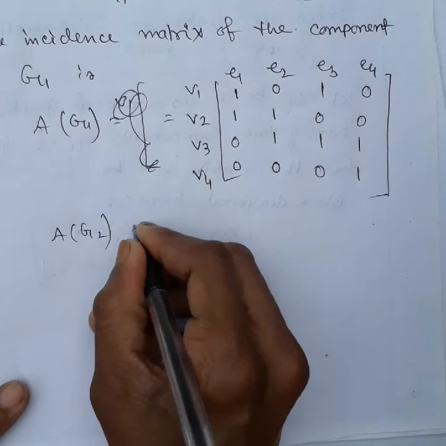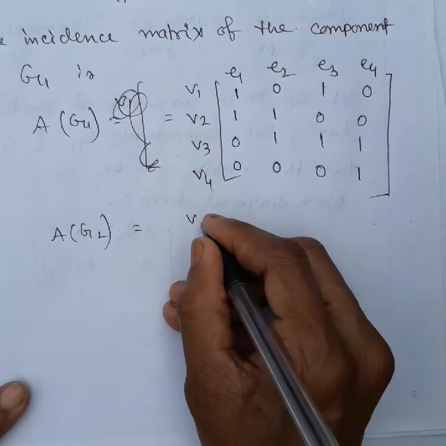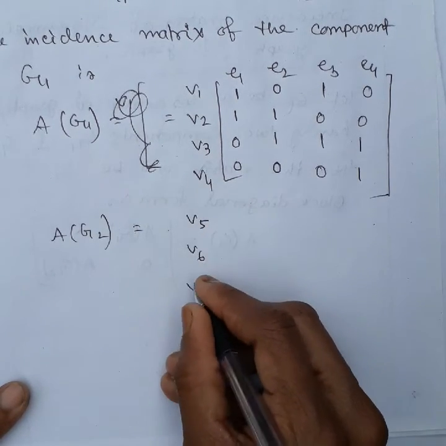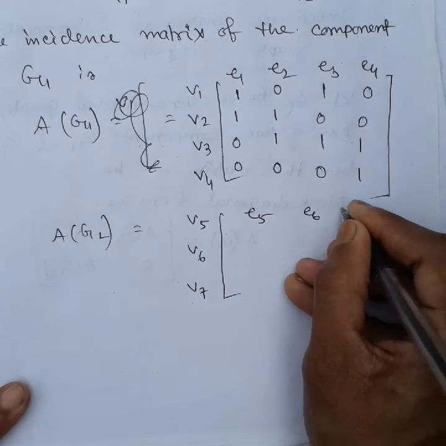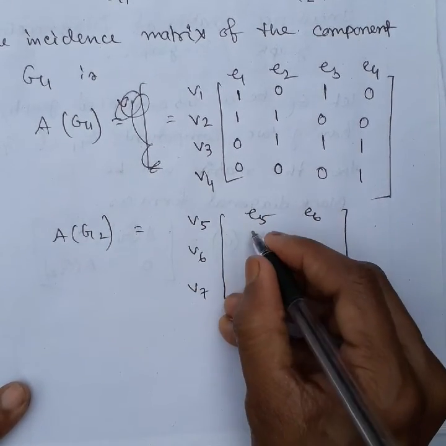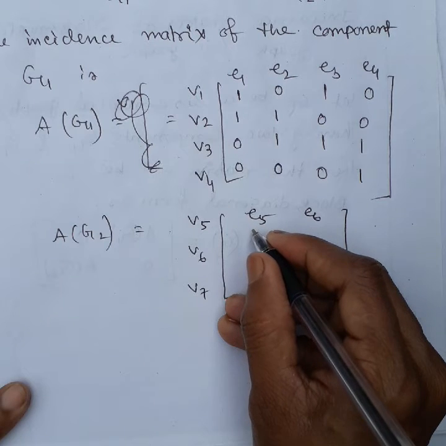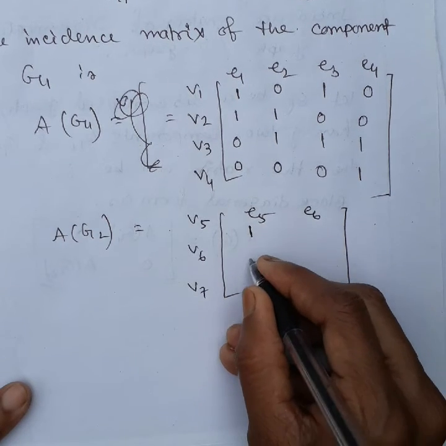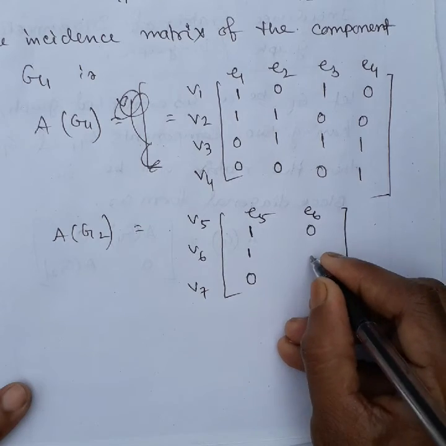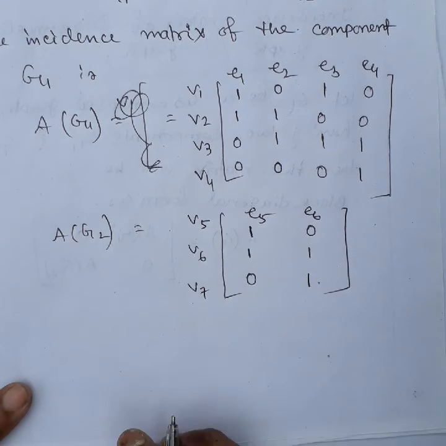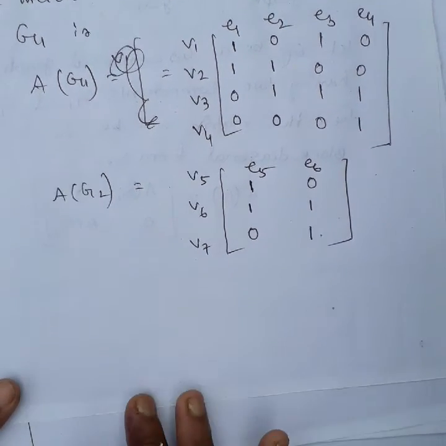And for A(G2), this is V5, V6 and V7, E5 and E6. E5 is in between V5 and V6, and E6 is between V6 and V7. So this is our matrix.